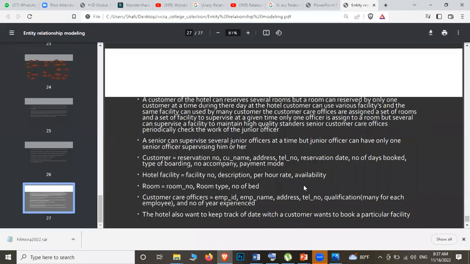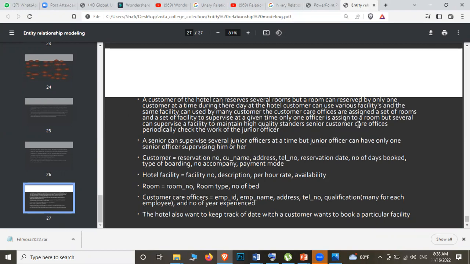And then we have a separate one. A customer of the hotel can reserve several rooms, but a room can be reserved by only one customer at a time. During the day at the hotel, a customer can use various facilities, and the same facility can be used by many customers. The customer care officers are assigned a set of rooms and a set of facilities to supervise at a given time.